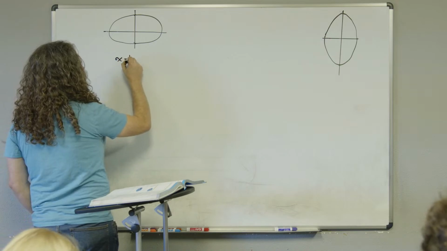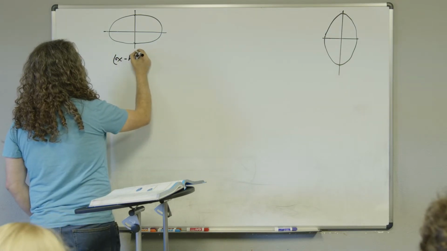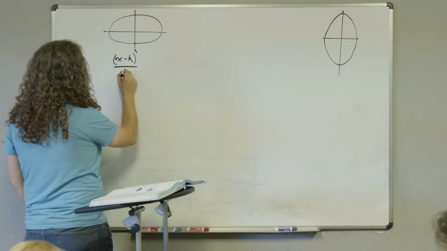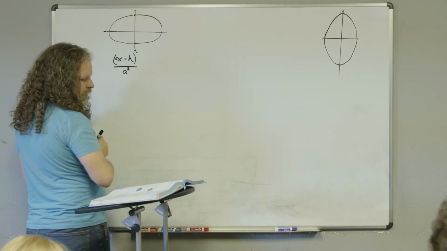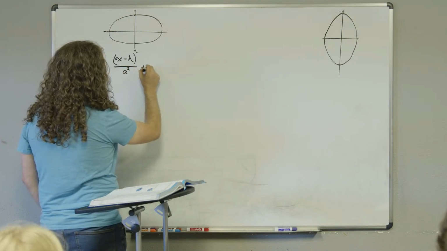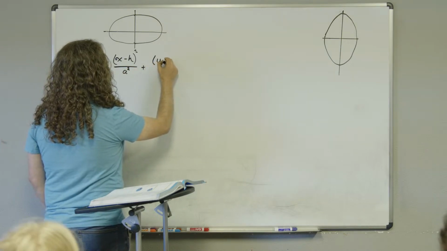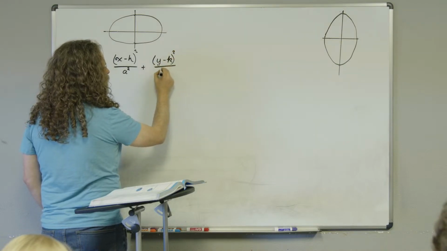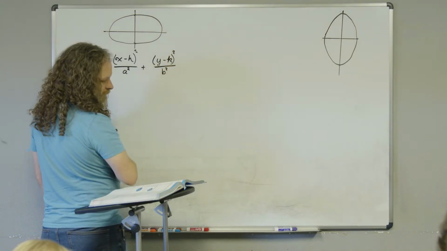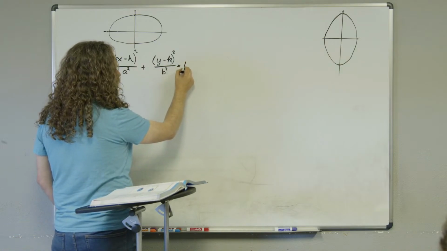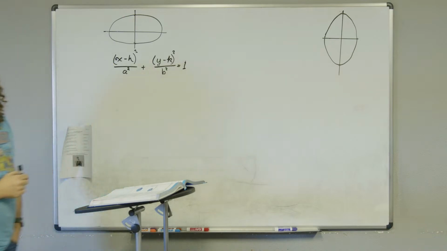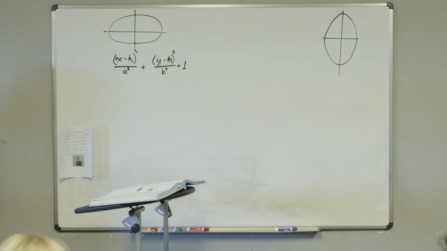X minus h, quantity squared, over a squared, plus y minus k, quantity squared, over b squared, equals 1. Not r squared, not any other number, only 1. Wow. Okay? That's crazy.